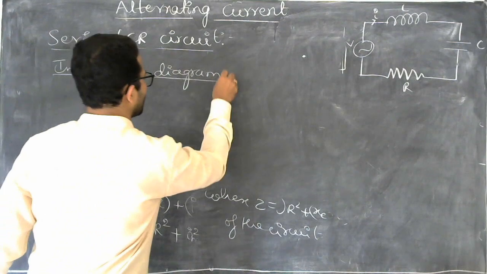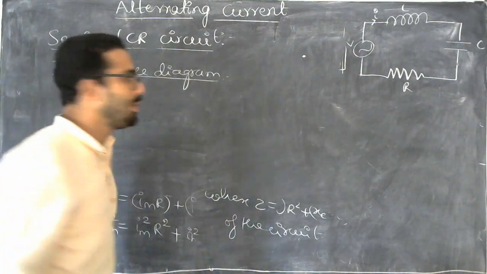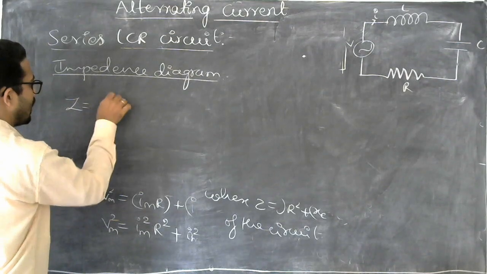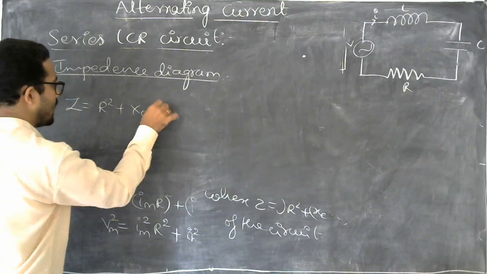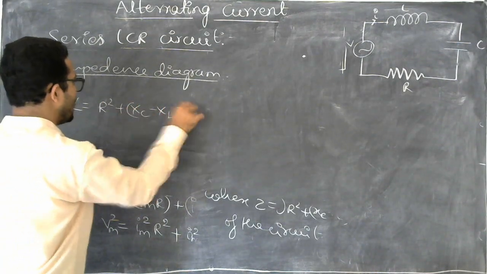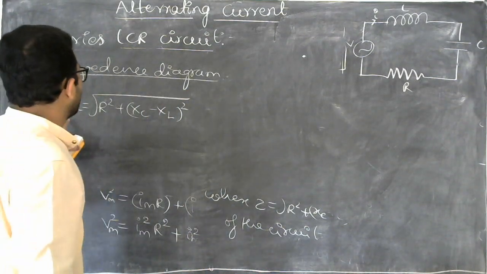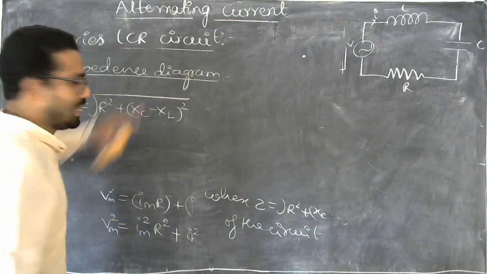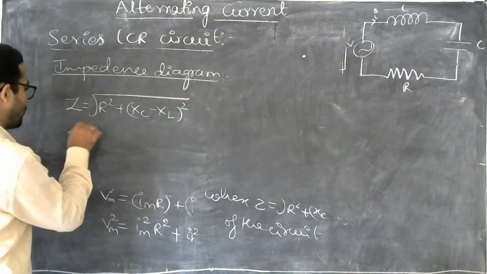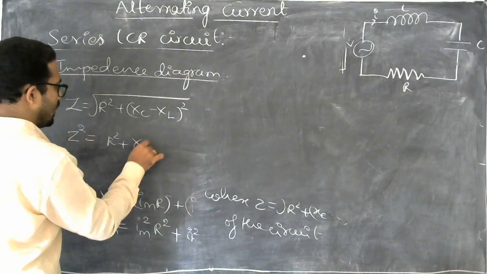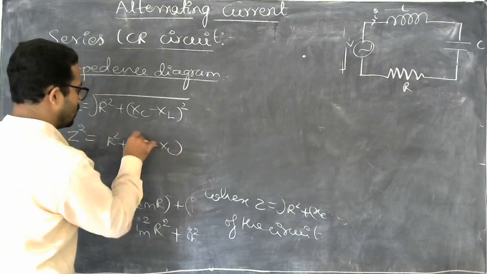We know the equation for impedance, that is Z is equal to the square root of R square plus Xc minus Xl, whole square. Now let us square on both sides. If you square on both sides, Z square is equal to R square plus Xc minus Xl, whole square.